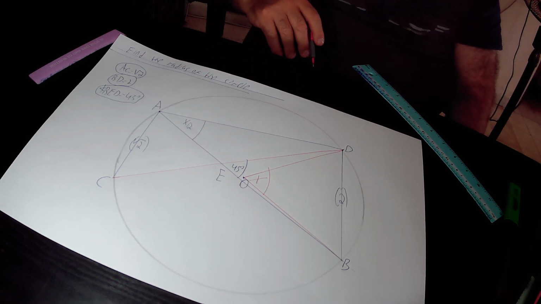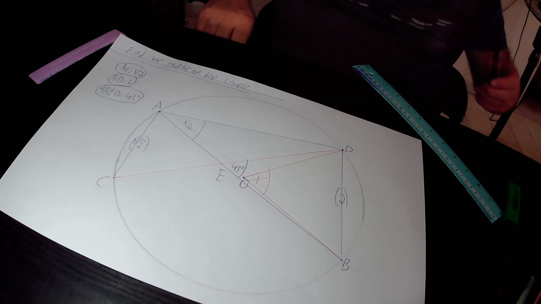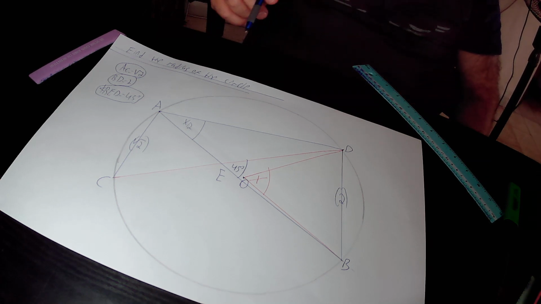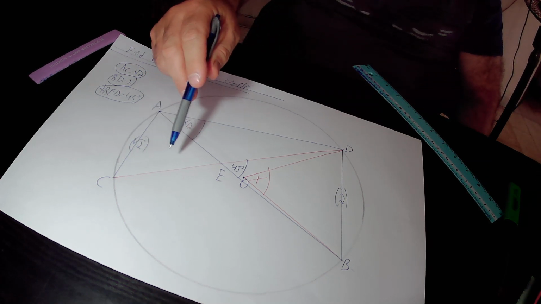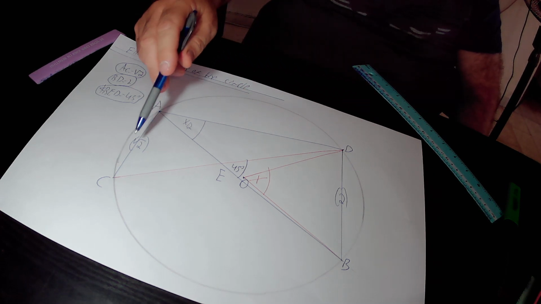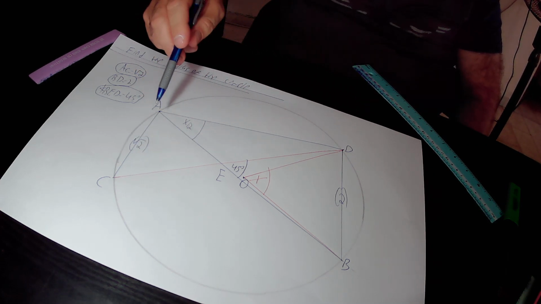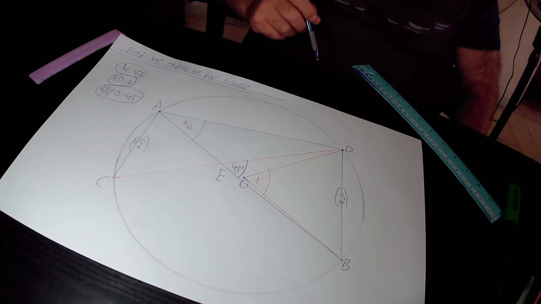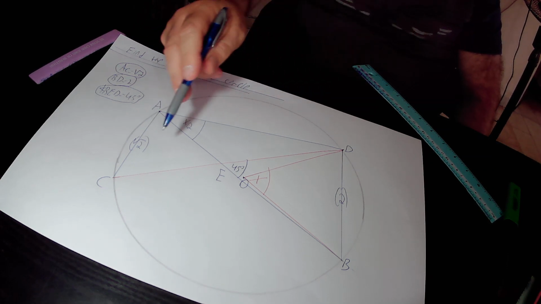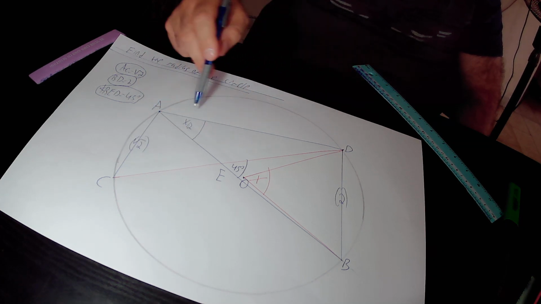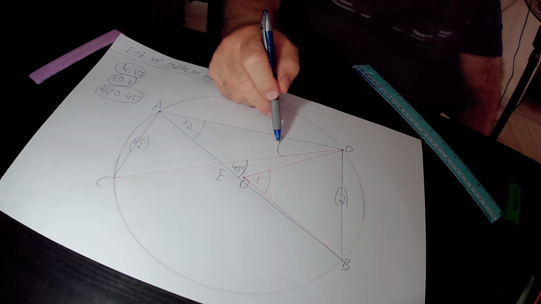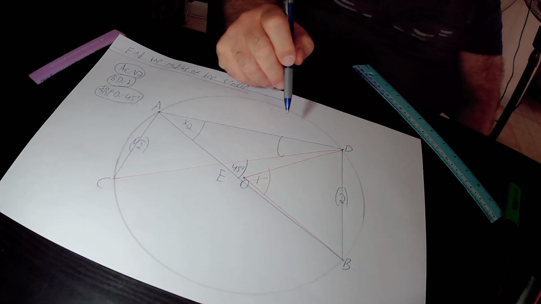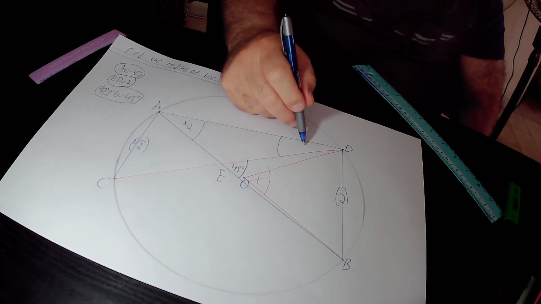Okay. So here we have this peripheral angle CDA, and this peripheral angle CDA is subtended on chord CA. We will define the size of this peripheral angle CDA. The size of this angle CDA is y over 2.